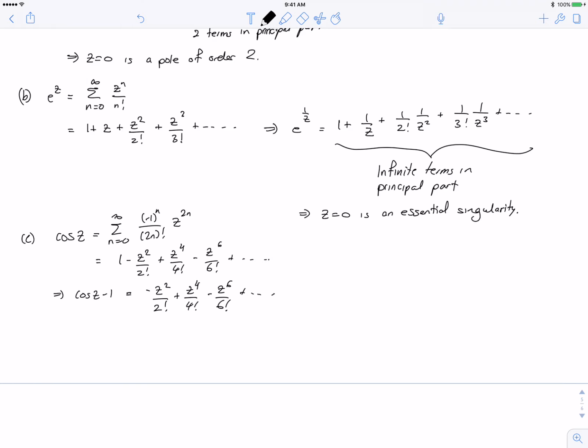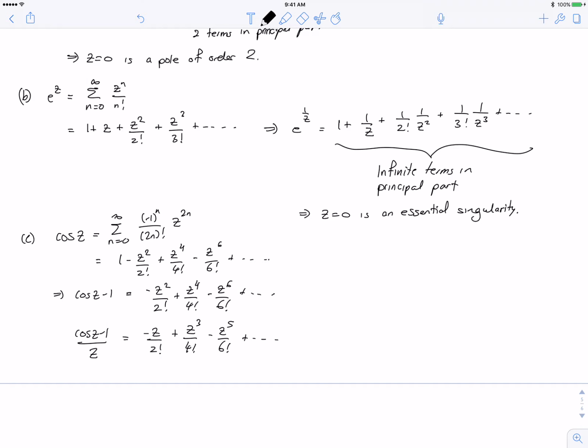I can divide by z on both sides to get the Laurent series at 0. And this one is going to become minus z on 2 factorial plus z cubed on 4 factorial minus z to the 5 on 6 factorial, etc., etc.